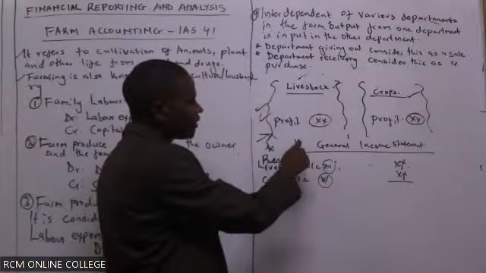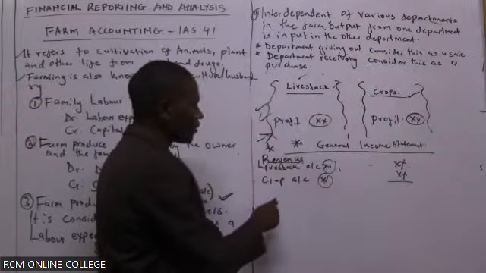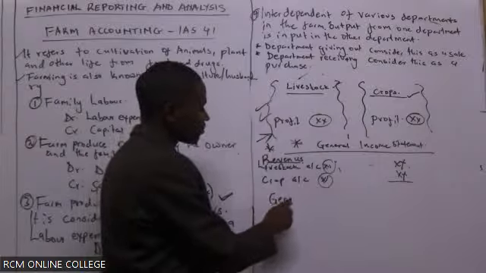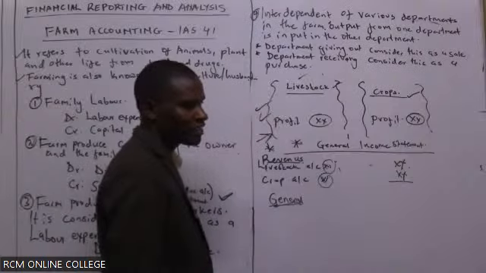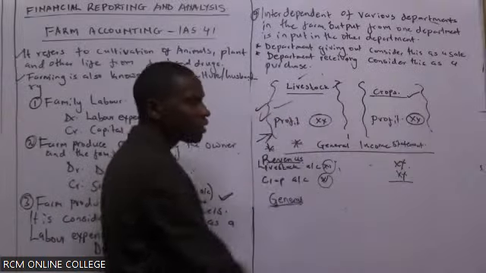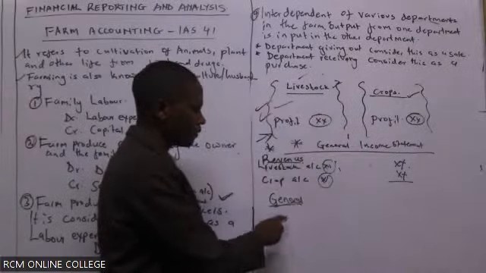So under the general income statement, we just bring in the general items, the items that are not specific to the livestock or to the crop. That is what we bring here.